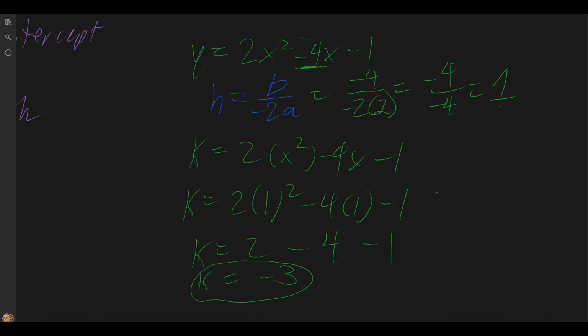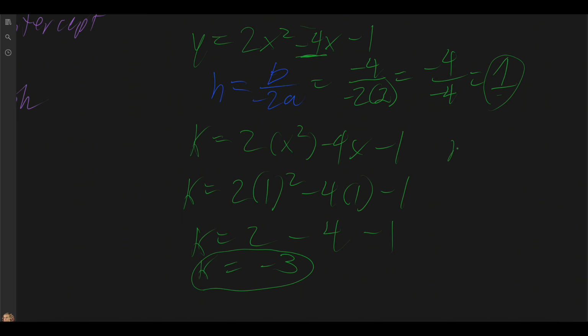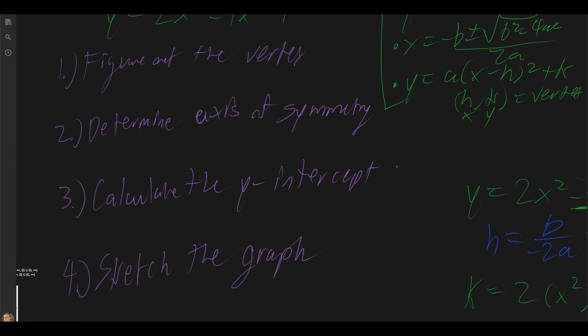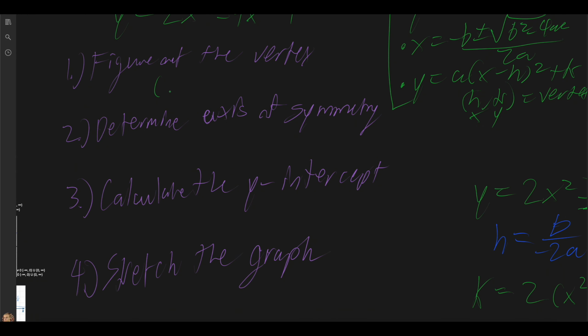So we determine that h and k are 1, negative 3. That's where our vertex is located.